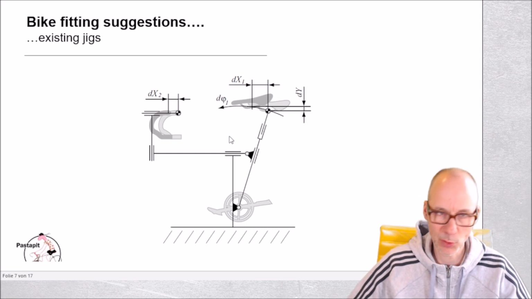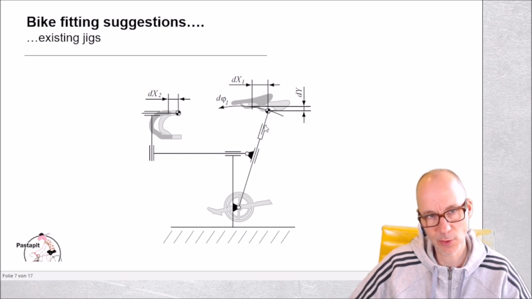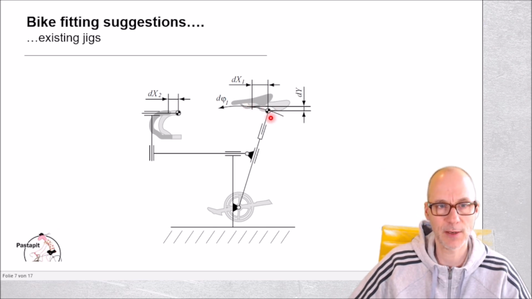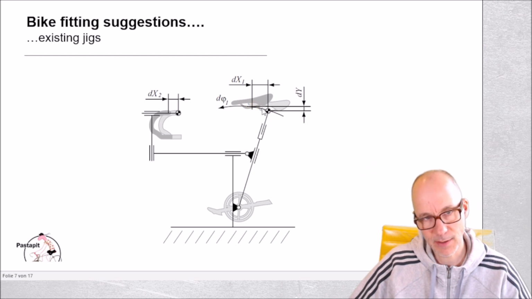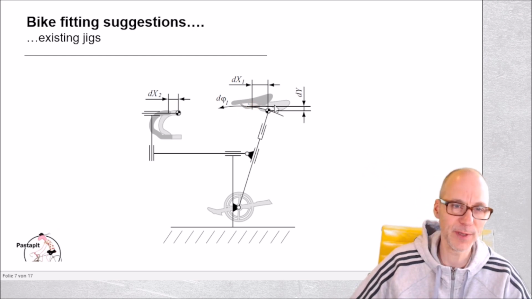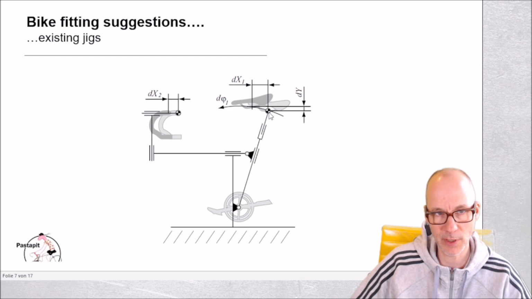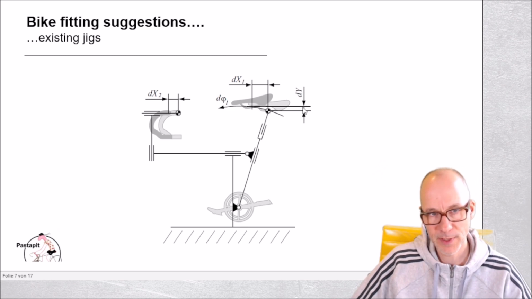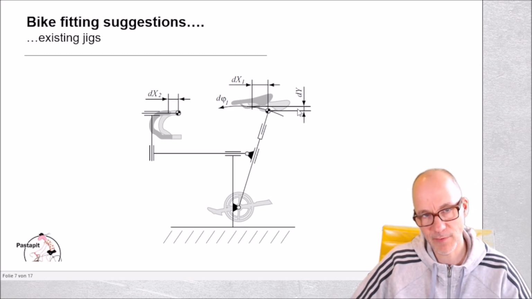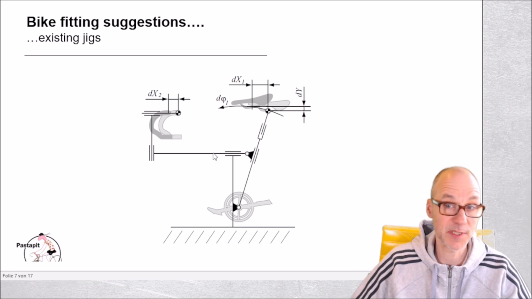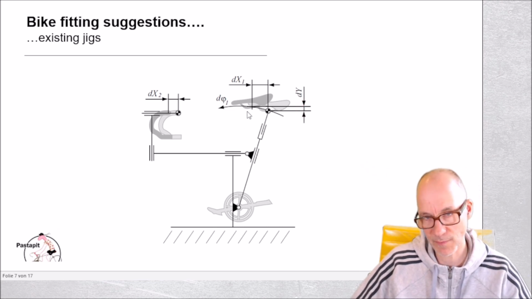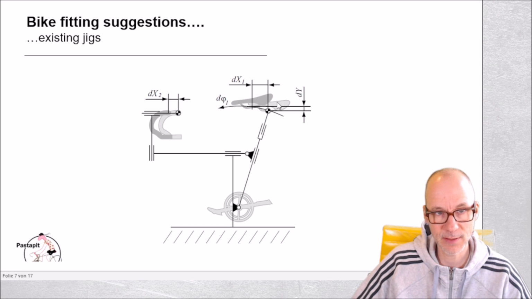And that's not totally correct, because if we have a close look, while I'm rotating the saddle, I have a movement of this fixed saddle point, a horizontal movement and a vertical movement, but at the same time I have a kind of rotation of the saddle, and that's not good. I don't have the saddle in the same position anymore.